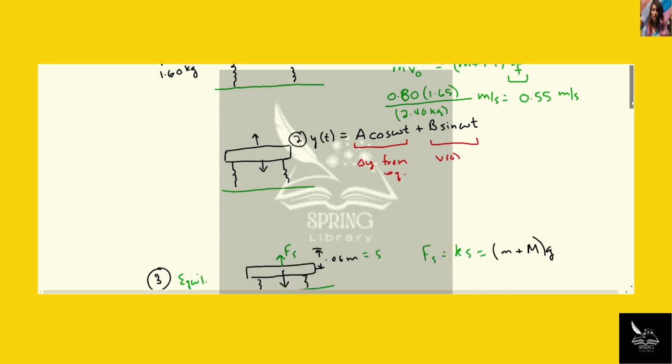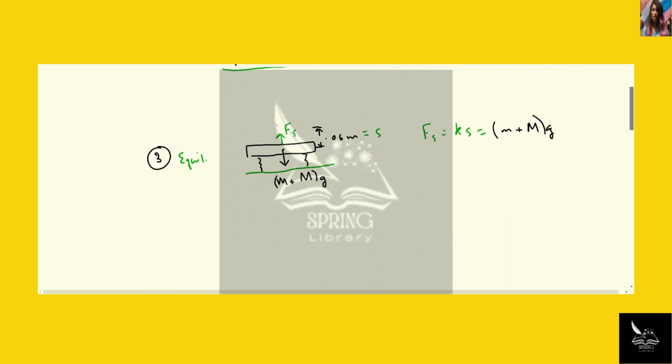Okay, meanwhile, we can go figure out the spring constant. So K times the 0.06 meters is equal to M times G. And the K should be worked out in terms of newtons per meter.